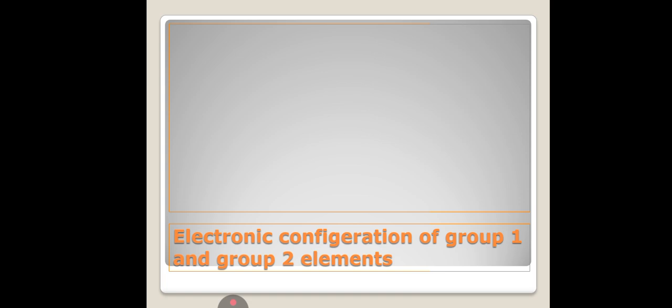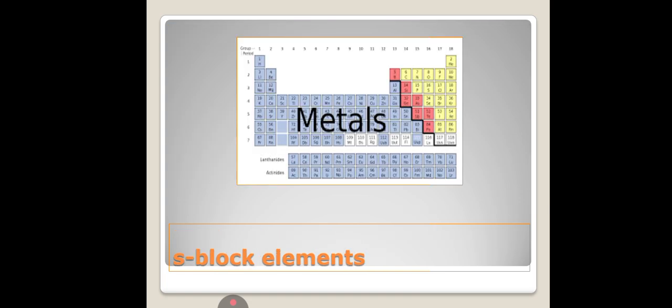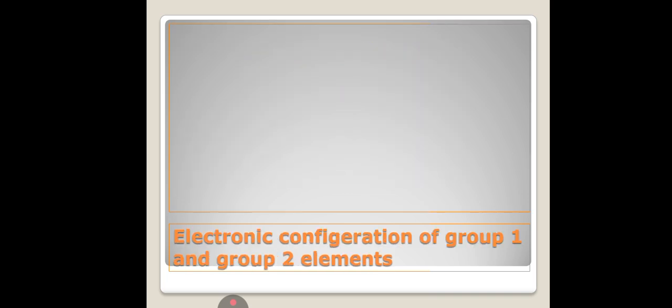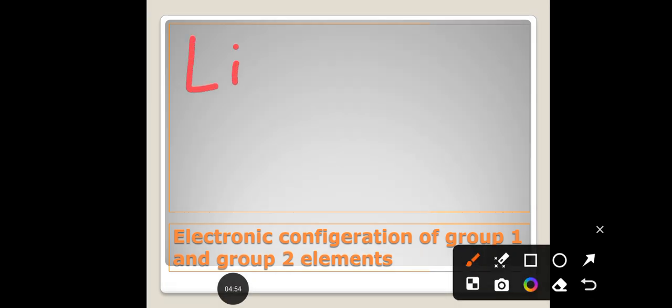Now coming back to the electronic configuration of group 1 and group 2. This is a continuation of the previous slide, where I was explaining why group 1 and group 2 are called S block elements. Let's understand with a simple example. Let me take lithium first.